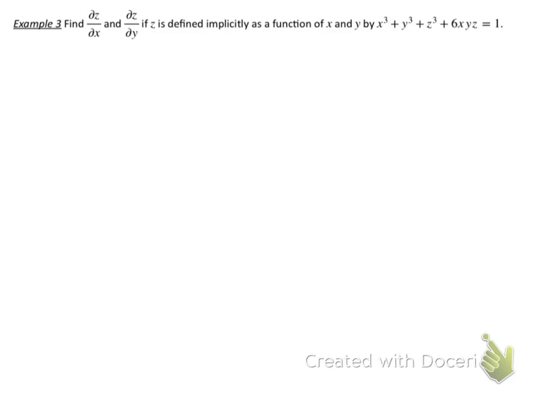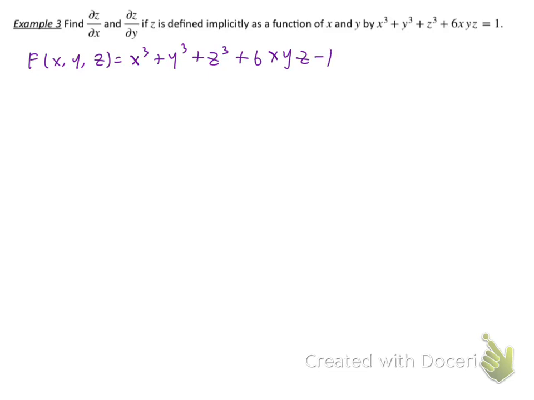We want to find partial z partial x and partial z partial y, knowing that z is a function of x and y. So we need the capital F to be 0, so my F of x, y, z will be x cubed plus y cubed plus z cubed plus 6xyz minus 1.